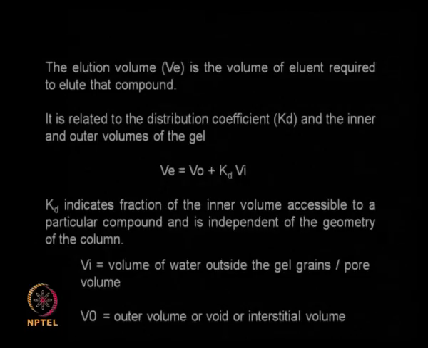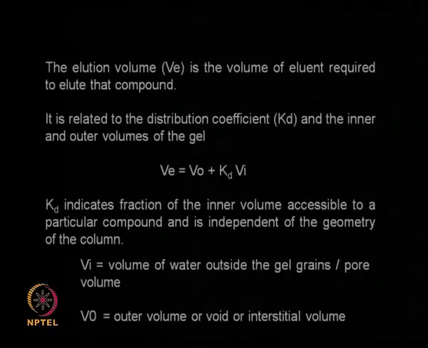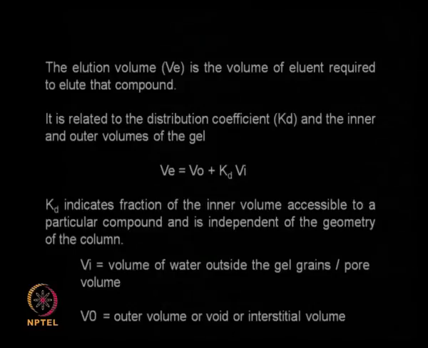So the elution volume is the volume of this eluent required to move the solute from the inlet injection point right to the outlet. Now this depends upon so many factors. It depends upon the interaction between the solute and the gel particles, the volume of the interstices, the volume of the pores and so on, and in fact that is what this particular relationship is going to give you.